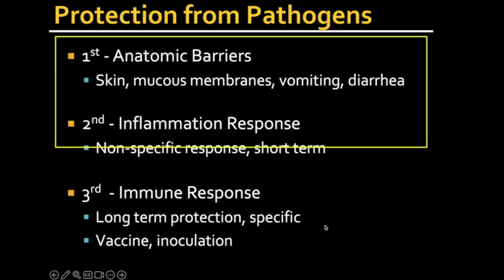So what kind of protection does the human body have from pathogens or germs? First of all, you have anatomical barriers. Your skin is your biggest anatomical barrier from stuff getting in. Your mucous membranes, we talked about that a little bit. And here's the deal on mucous membranes.